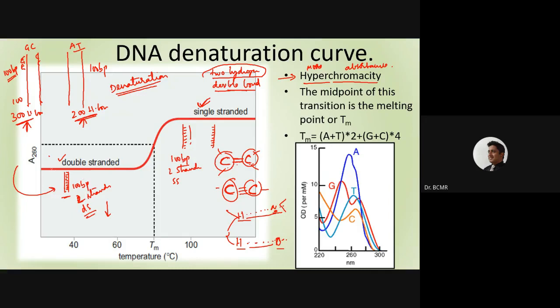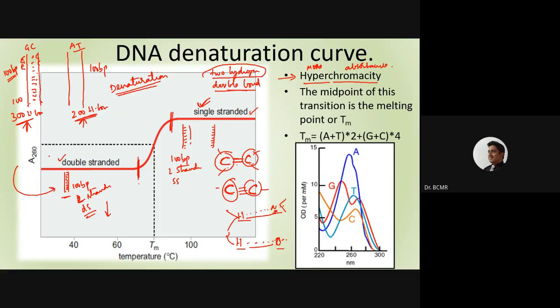So the double-stranded DNA will remain as such until a temperature. But once the transition temperature is reached, it will start denaturing slowly. The hydrogen bonds that are present between these will start breaking up. And at one point, all the hydrogen bonds would have been broken, and all of the DNA would have become single-stranded DNA.